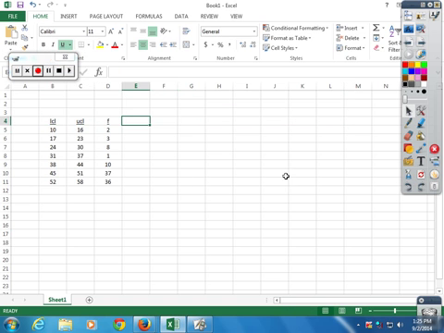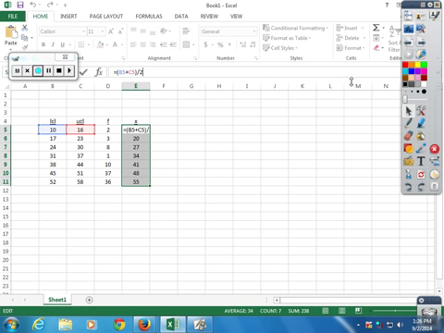And midpoint, X. How do you do it? Equals parentheses 10 plus 16, divided by 2. And then here's a trick I learned in the war. Just copy those down, and here are your numbers.